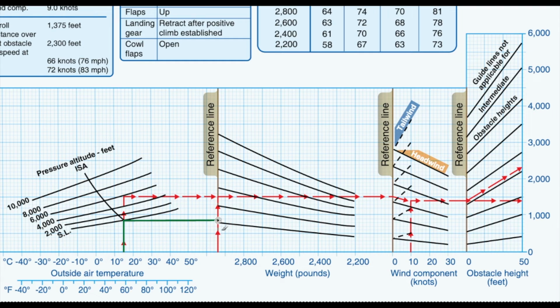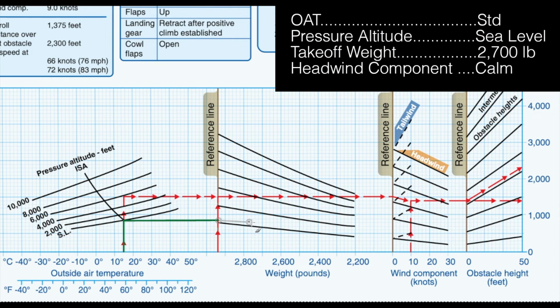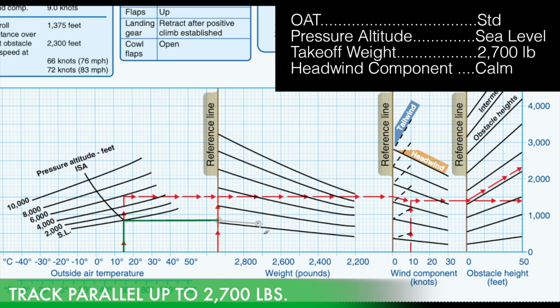When we move forward from here, we will have to follow along the downward trend of these black guidelines, like going parallel with their direction. We will continue this downward progress until we reach the given weight of 2,700 pounds. We will refer to the weight scale below to find where we will come to our next stop.